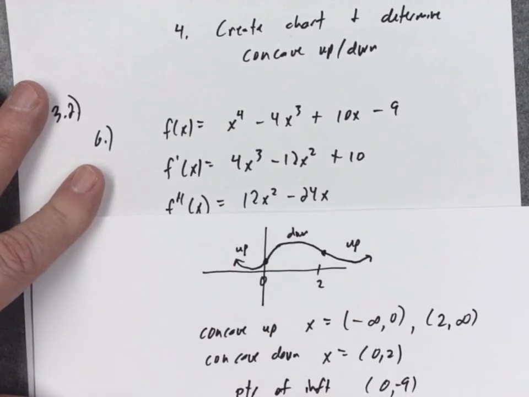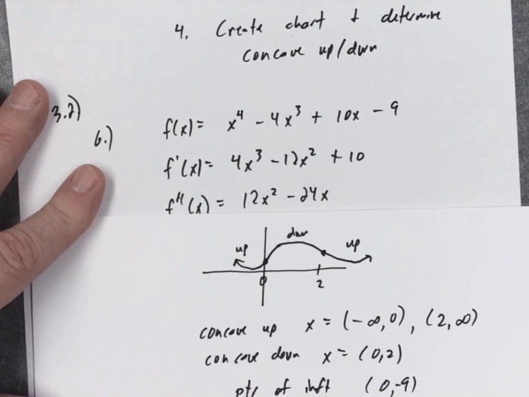If I plug in 2, 2 to the 4th minus 4 times 2 cubed plus 10 times 2 minus 9. 2 to the 4th, 4, 8, 16. 2 cubed is 8 times 4, minus 32 plus 20 minus 9.